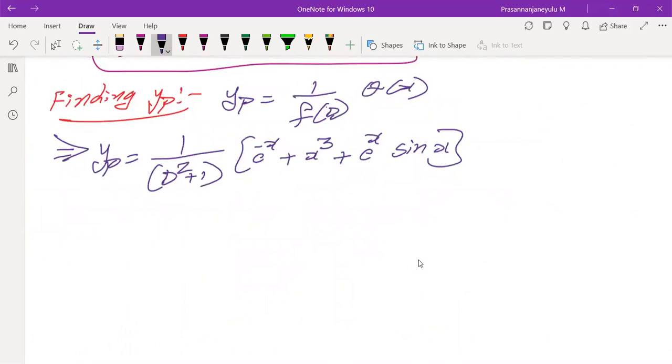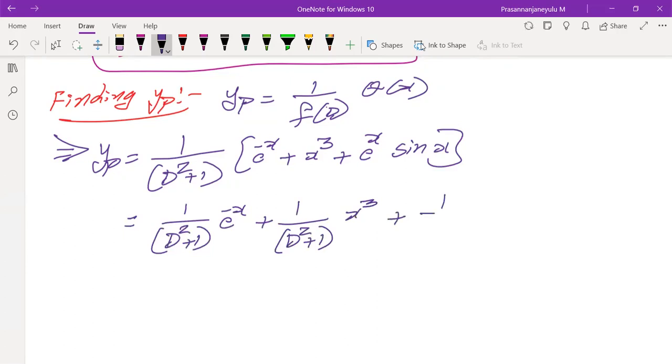Actually, you can do all the three things at a time, or you can convert it into 2 parts or 3 parts. But I am converting it into 3 parts. Part 1 is 1 by d square plus 1 of e power minus x, plus 1 by d square plus 1 of x cube, plus 1 by d square plus 1 of e power x into sin x.